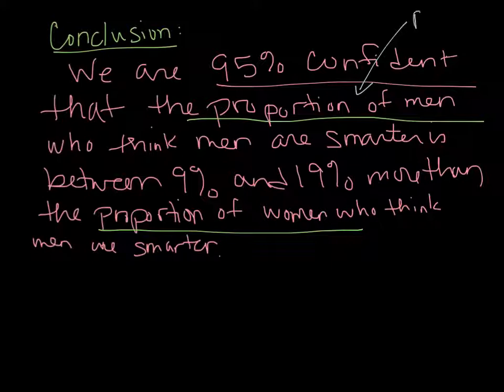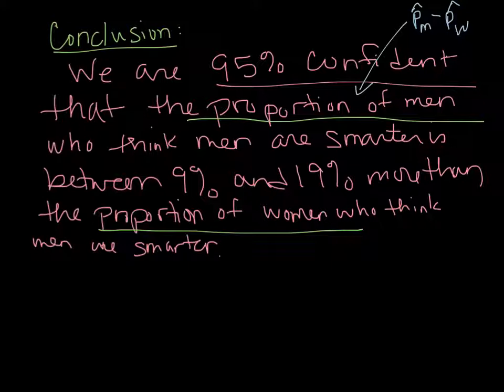You'll remember our difference of the p hats was p hat m minus p hat w. So we know that the proportion of the men was higher and the proportion of the women was smaller. So that's why we end up putting that first. You just have to show a comparison between the two. So we know that it's between 9% and 19% more than the proportion of women who think men are smarter.